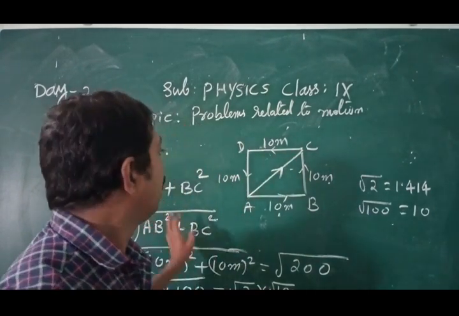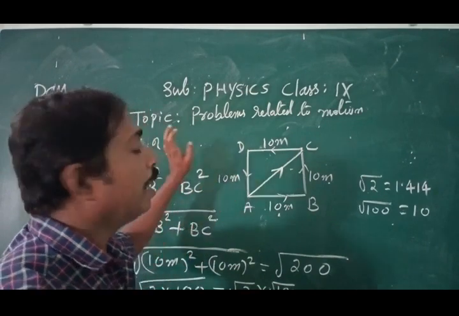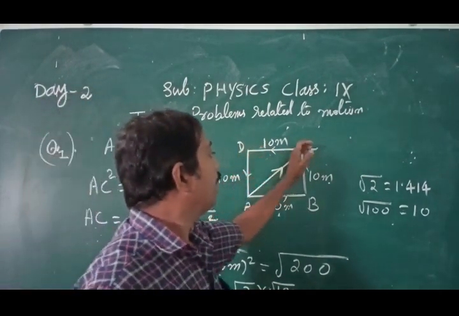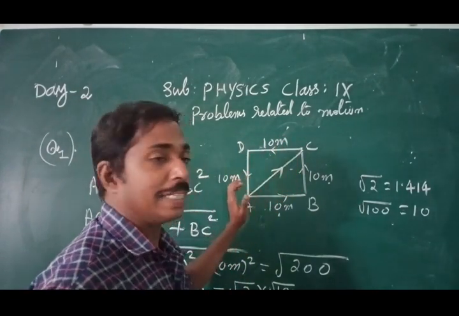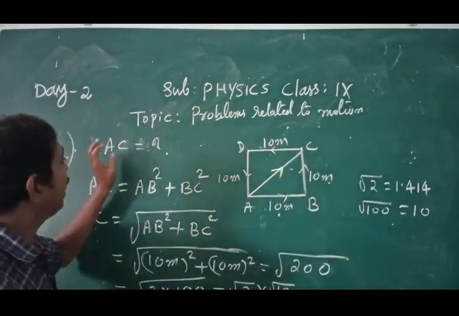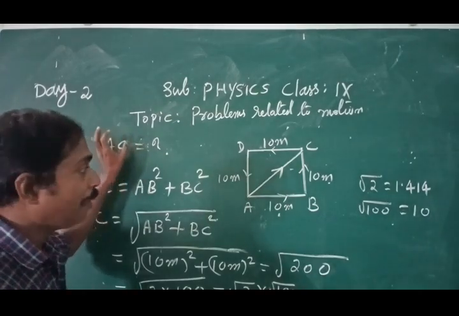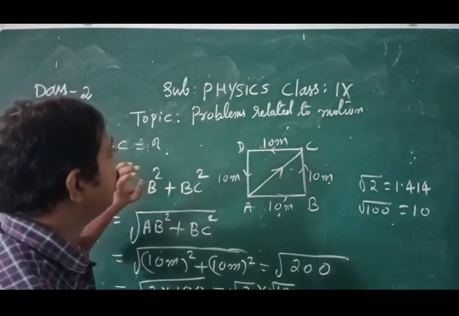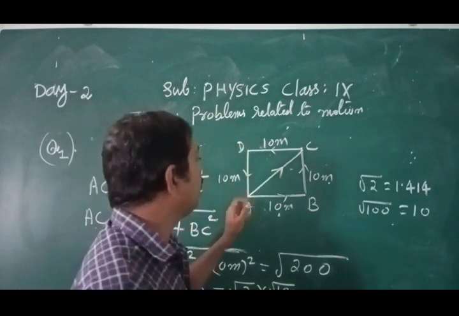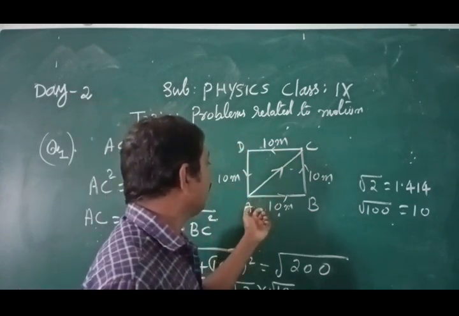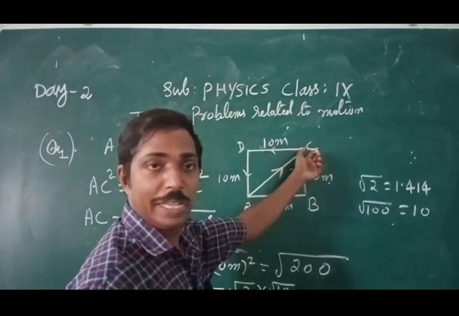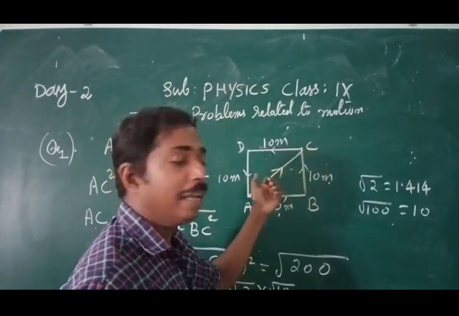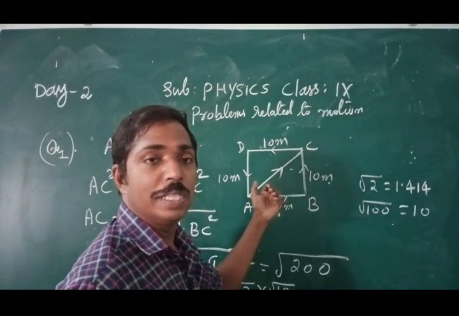Next, here we were asked to find the magnitude of displacement. I repeat one more step. AC is the required answer. Why? Because it is mentioned 2 minutes 20 seconds, which means after 2 minutes it will reach A. Again 20 seconds only, so it can reach only C, because it covers equal distance in equal intervals of time.